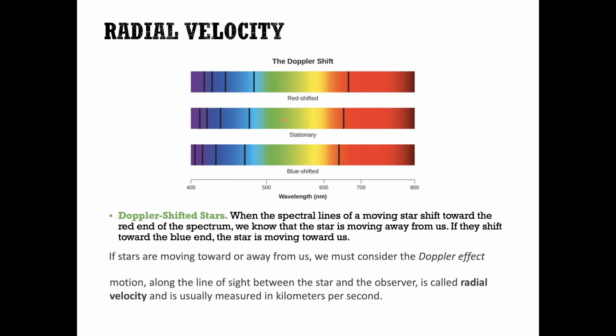Because if a star is moving away from us, it will be redshifted, as you see here, right? If a star is stationary, there will be no shift of the line. So just look at one of these lines. If it is moving away, it will be redshifted. If it is moving towards you, then the line will be blueshifted, like that, right? Now from this, you can measure the velocity, right?